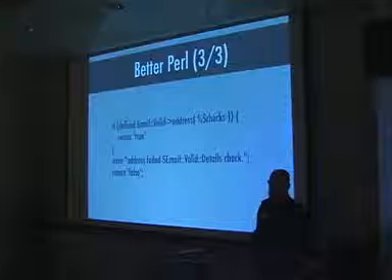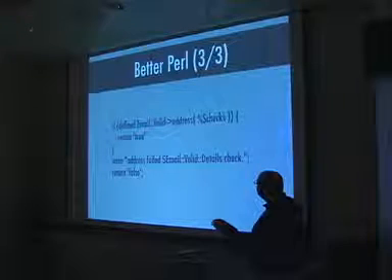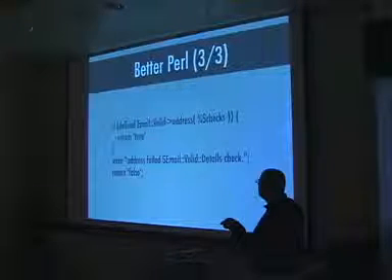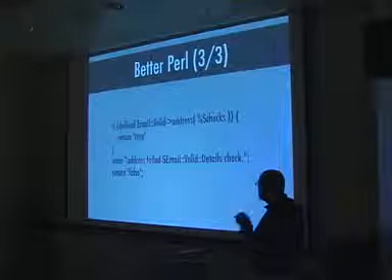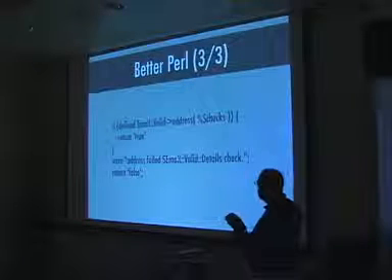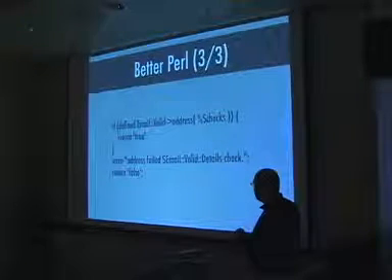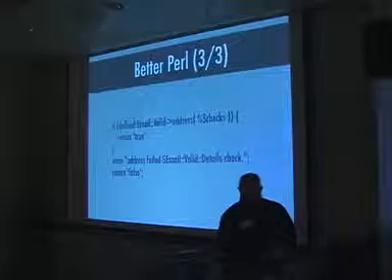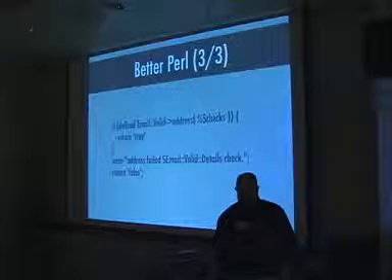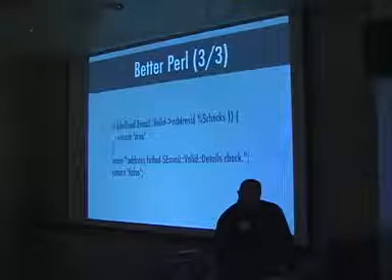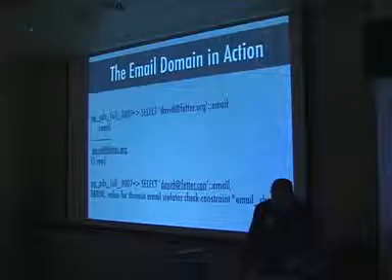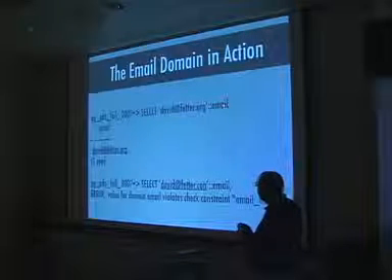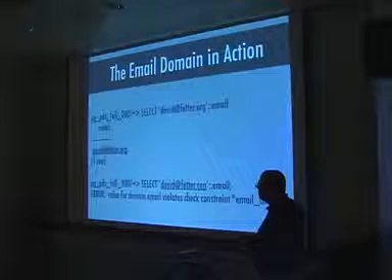So basically, if this thing is defined, return true, otherwise say why it failed, and here we interpolate the reasons and return false. This is how you construct your email domain. So basically, I'm just trying to cast this string to the email domain, and that just works.